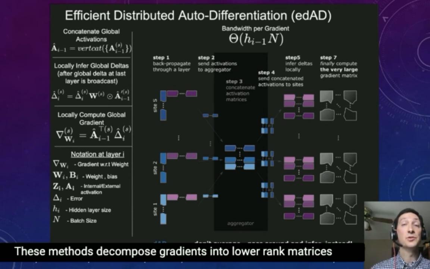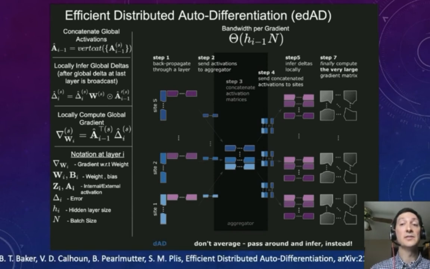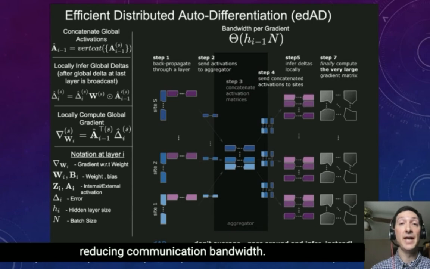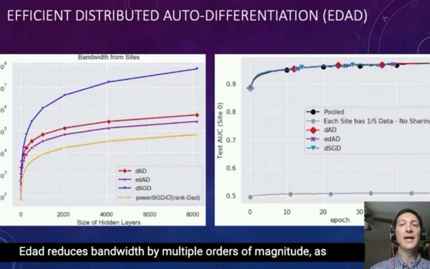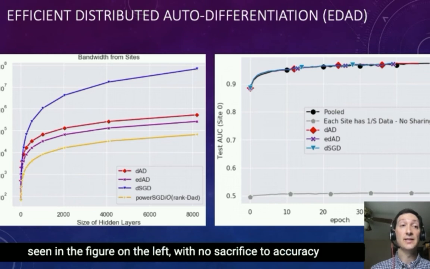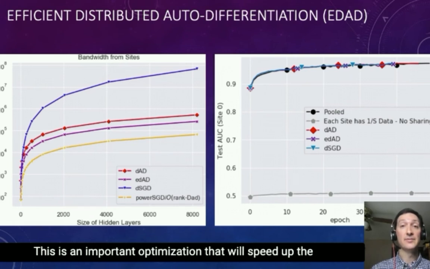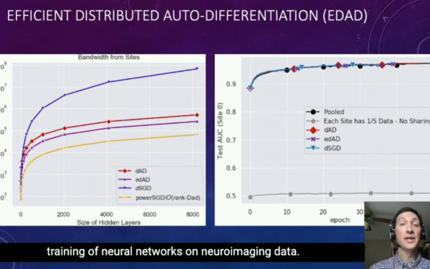These methods decompose gradients into lower rank matrices before transmitting them back to an aggregator node, drastically reducing communication bandwidth. EDAD reduces bandwidth by multiple orders of magnitude, as seen in the figure on the left, with no sacrifice to accuracy, as seen on the figure on the right. This is an important optimization that will speed up the training of neural networks on neuroimaging data.